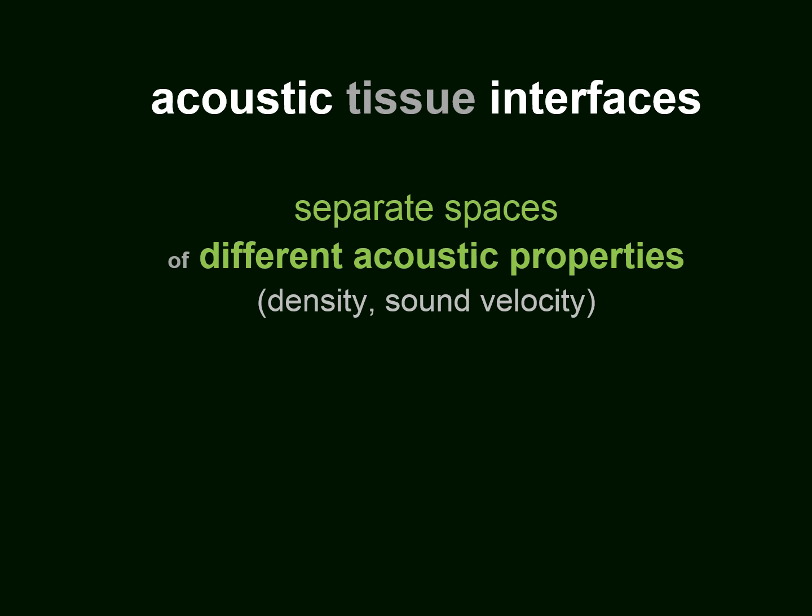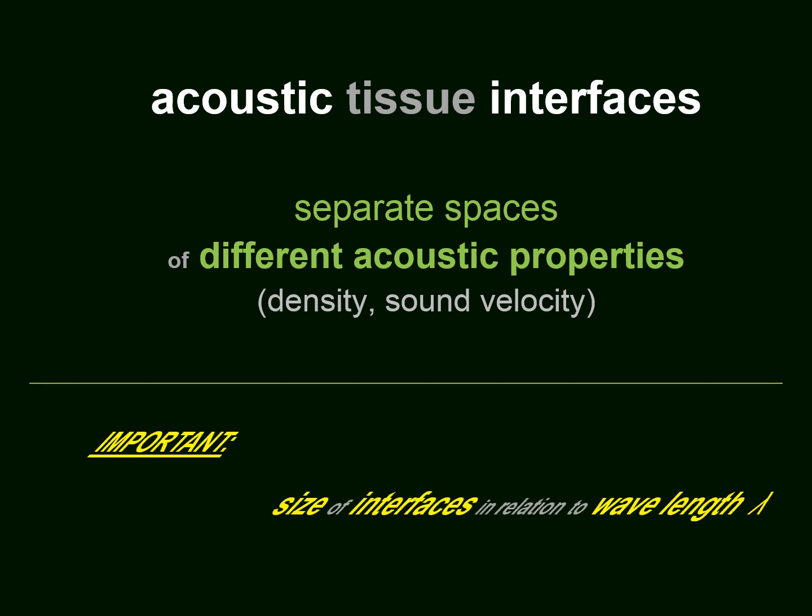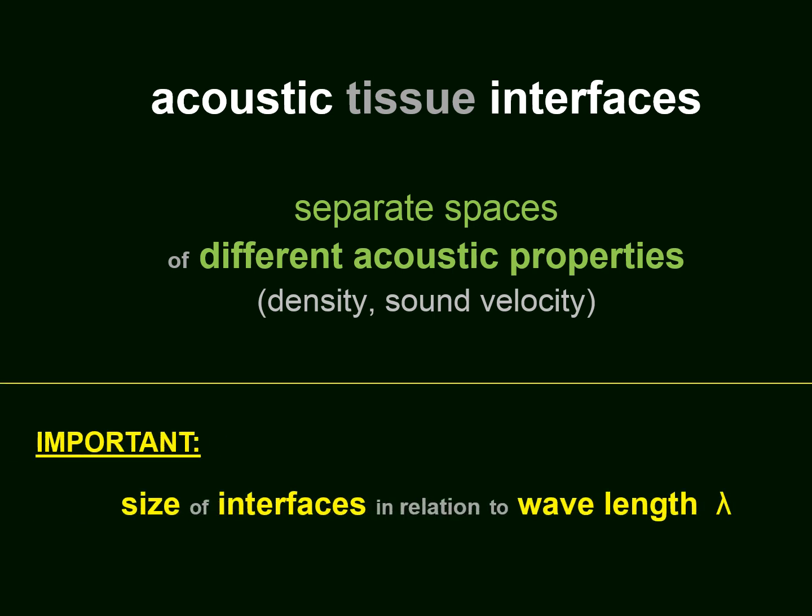Acoustic tissue interfaces separate spaces of different acoustic properties, that is, density and sound velocity. Important is the size of these interfaces in relation to the wavelength lambda.